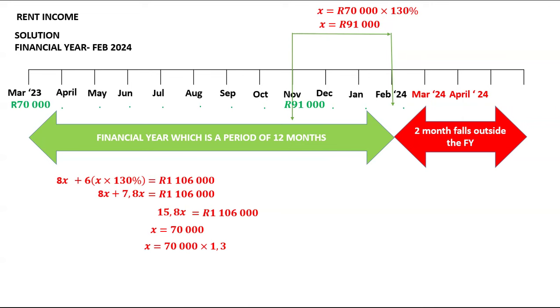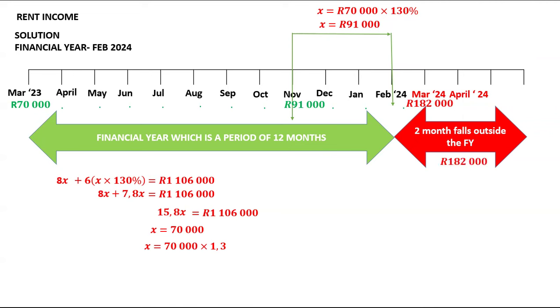Understand that I increased the 70,000 by 30%, and then multiplied the increased amount by 2, which represents the 2 months that fall outside the financial year. So it was 91,000 for November, December, January, February, March, and April. But for March and April, I added those 91,000s, and they gave you 182,000.